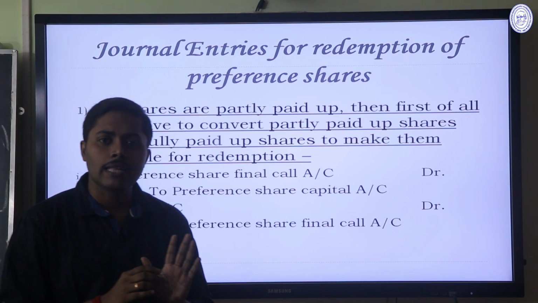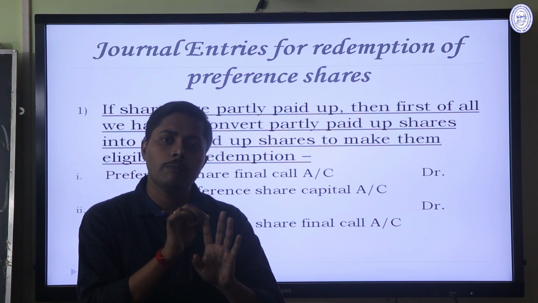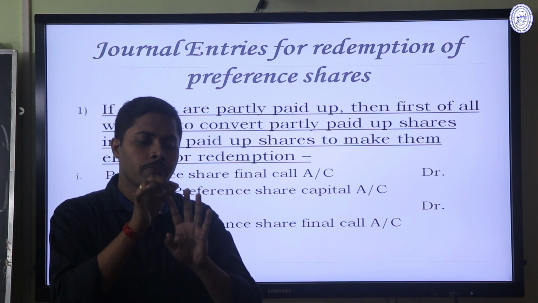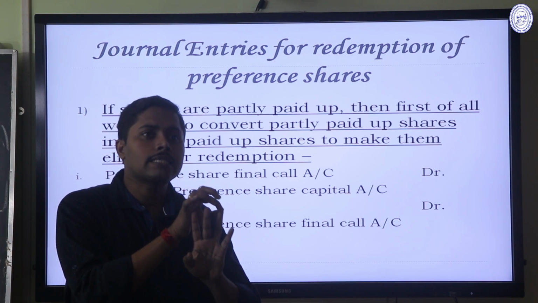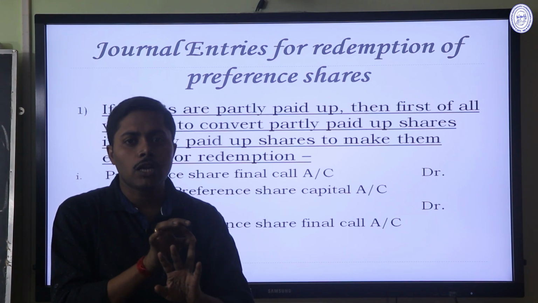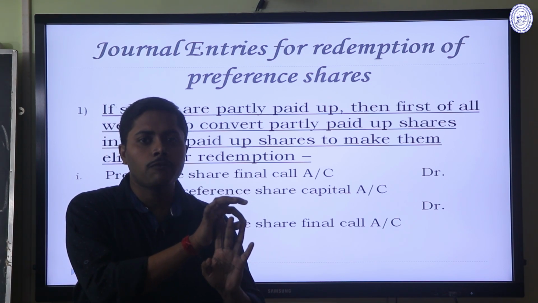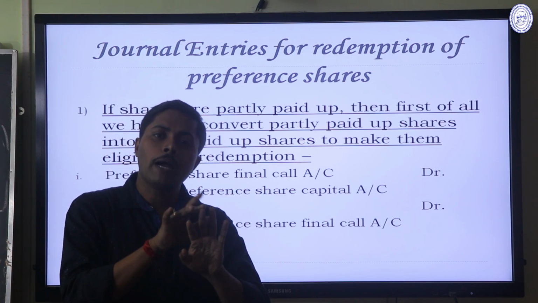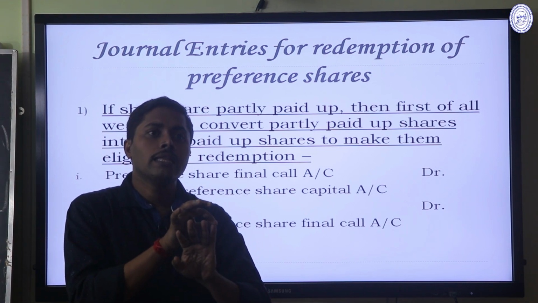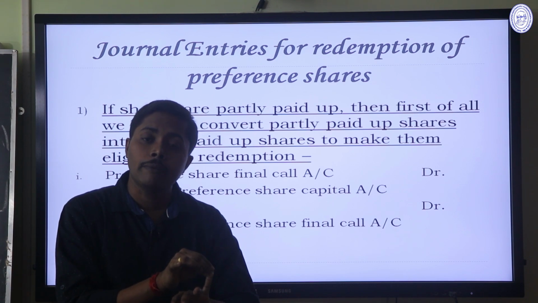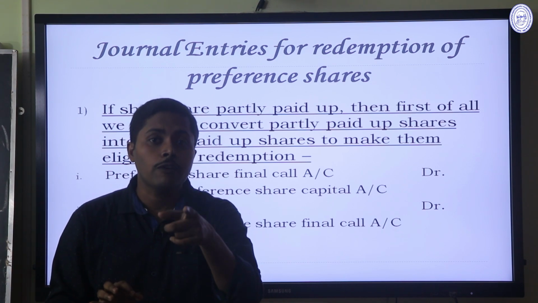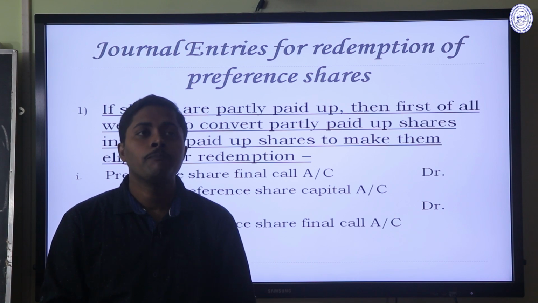So what will be the journal entries? First, the journal will be due to the preference shareholder, fresh issue. Next, if it is out of profit, then making arrangement for transfer to CRR. It might be the combination of 2 and 3. Then if the preference shares are redeemed at premium, you have to give entry for premium on redemption.